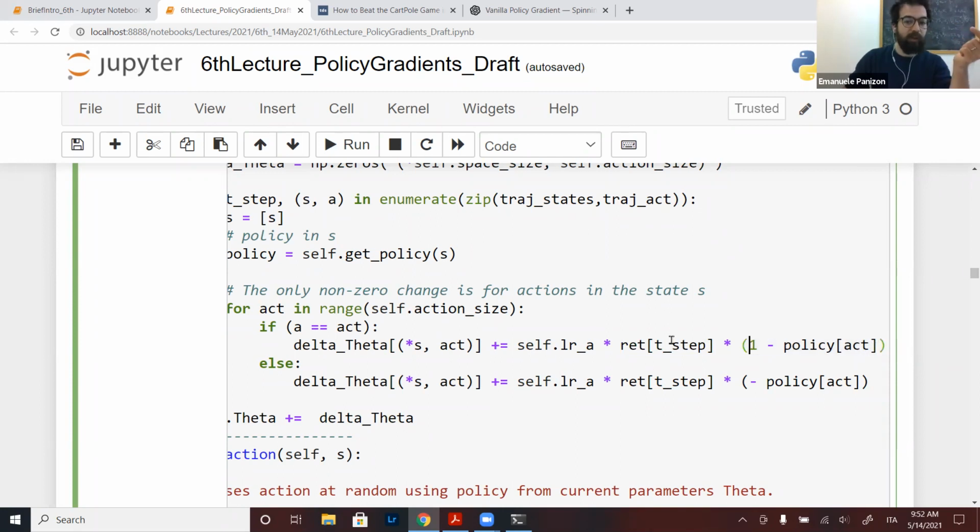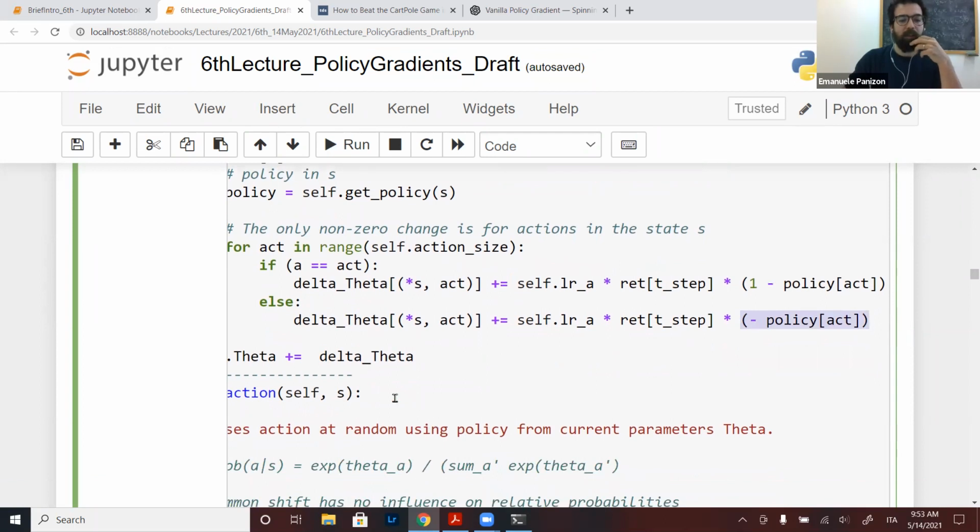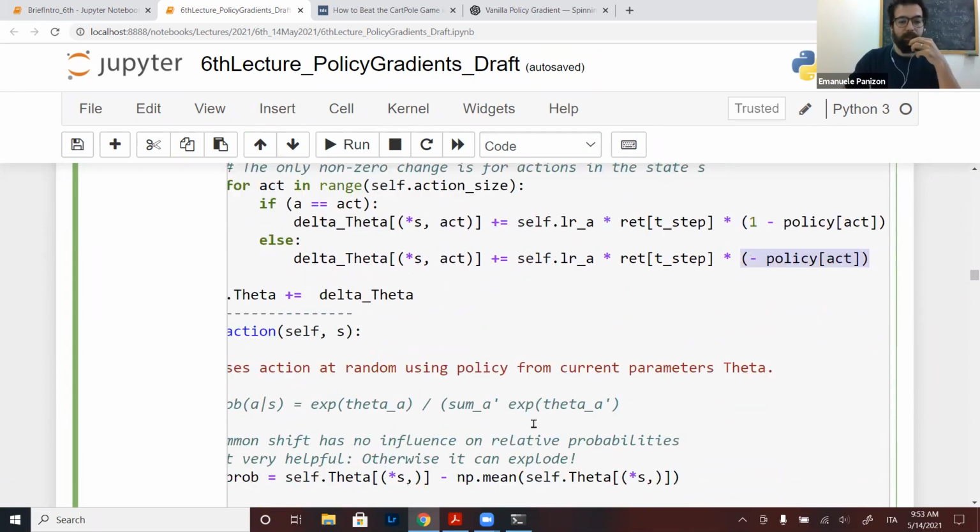Okay, this is the estimator for the quality Q. This is the derivative of the logarithm of the probability for the action I really took. If I'm considering an action which I did not take, then I have the return, and I have minus the probability of taking it. And then I just apply this change here.